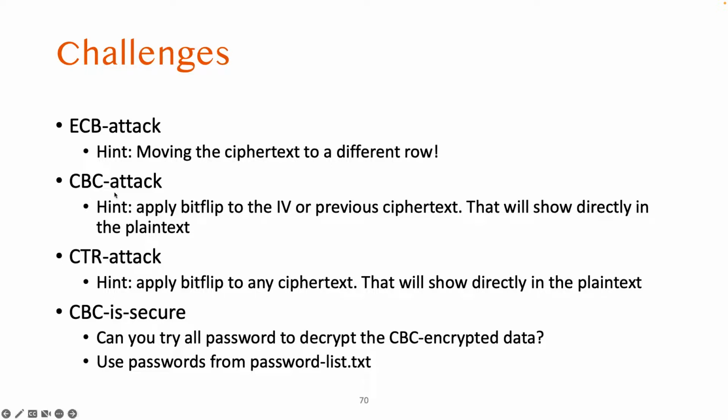For CBC, to attack it, what you can control is the previous value, either the IV or the previous encrypted block, which will be directly XORed to your plain text. Any bit flip in that block will show directly in the plain text. And for the CTR, any bit flip to the ciphertext will be shown directly in the plain text. So attacking CTR will be much easier than CBC.